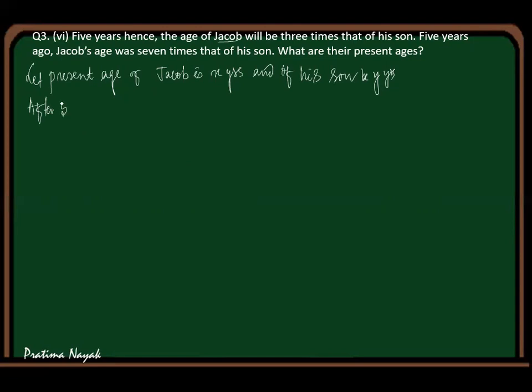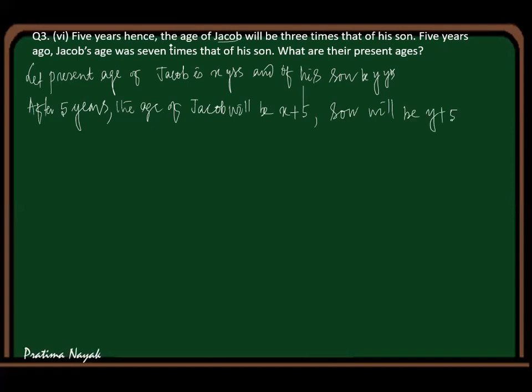After 5 years, the age of Jacob will be how much? x plus 5. He will grow by 5 years. And son will be y plus 5.